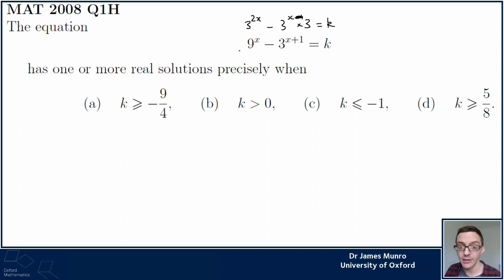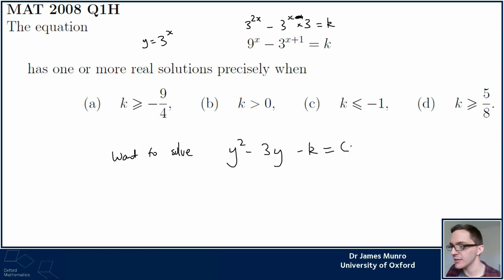Or said differently, I'm going to try and do a substitution to think about y equals 3 to the x for this one. And then I want to solve y squared minus 3y minus k is equal to 0. I've moved the k over to the side. I want to know when that has one or more real solutions.